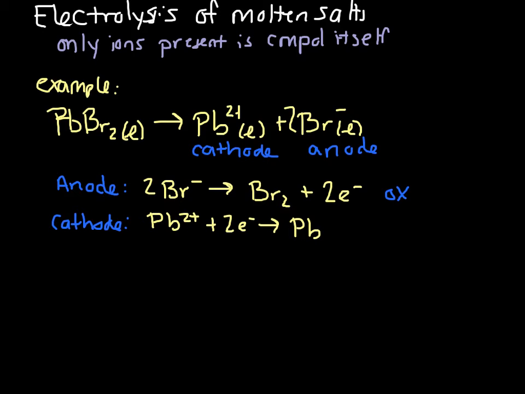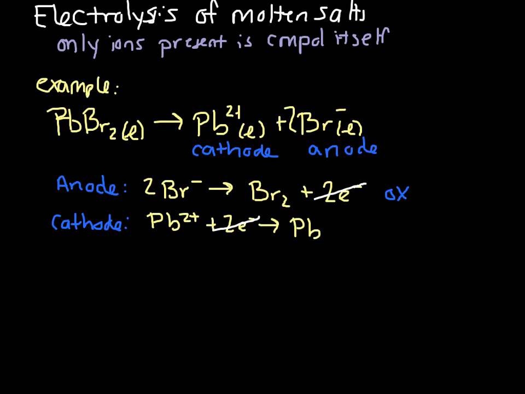Now that we have identified the half reactions, we can write our net reaction. That means we can cancel out our 2 electrons because they are the same on either side of that reaction. Luckily, our electrons are balanced here. If the electrons were not balanced, you would need to balance them so that they cancel out appropriately. So now that we have done that, we can write our net reaction.